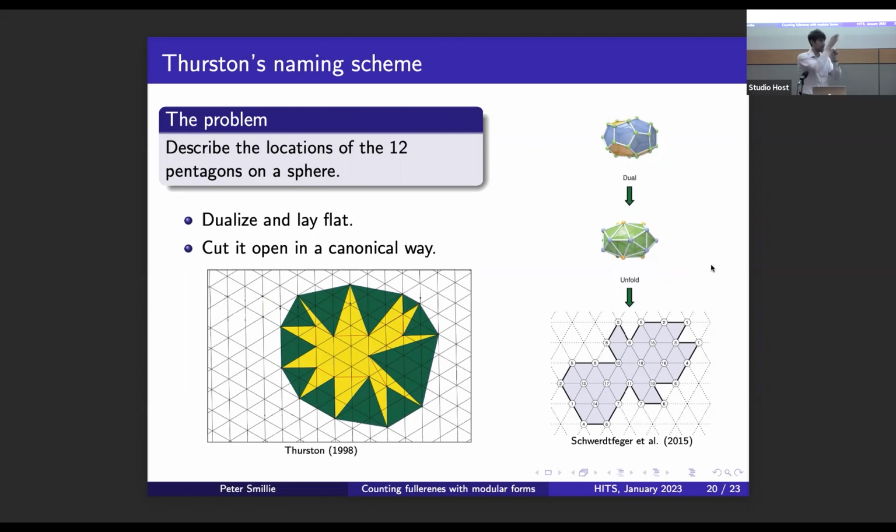And then you just cut along those straight lines to all the other ones. Now you open it up like a star, like this yellow star, and lay that down. It's still, so the edges now may cross, in the middle of the triangles on your graph paper, but the vertices will still map to the vertices on your graph paper. And all we wanted to record anyway was these locations of these vertices.